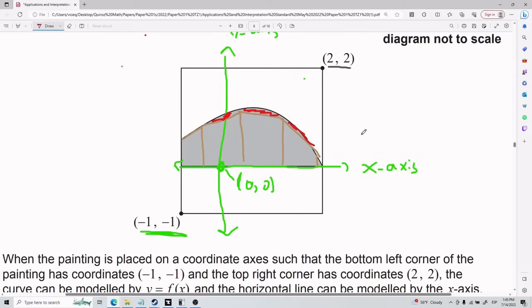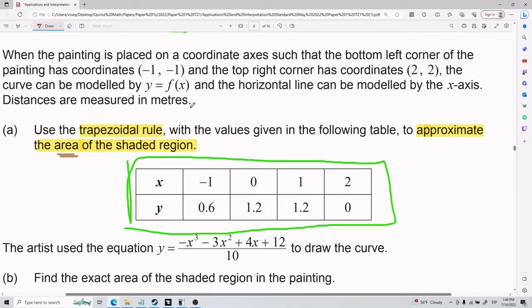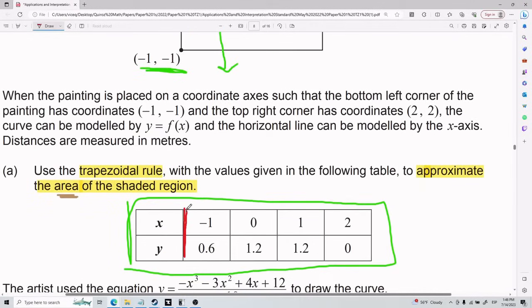All right, how do you know the coordinates of your trapezoids? Well, you know them because they give them to you. So you have this point here, -1, comma 0.6.